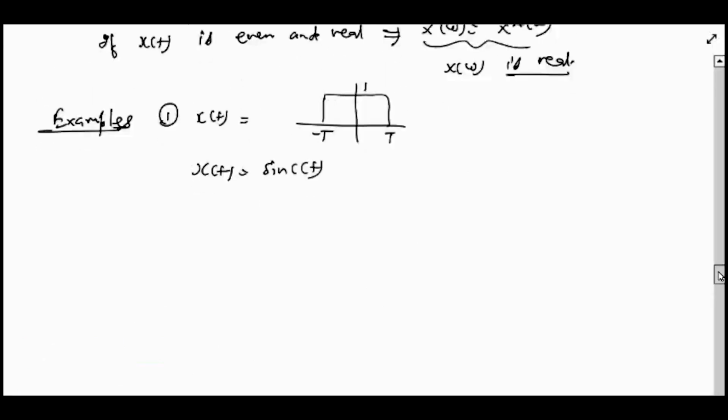In both these examples, x(t) was real and even, so as expected, X(omega) also turned out to be real in both the cases.